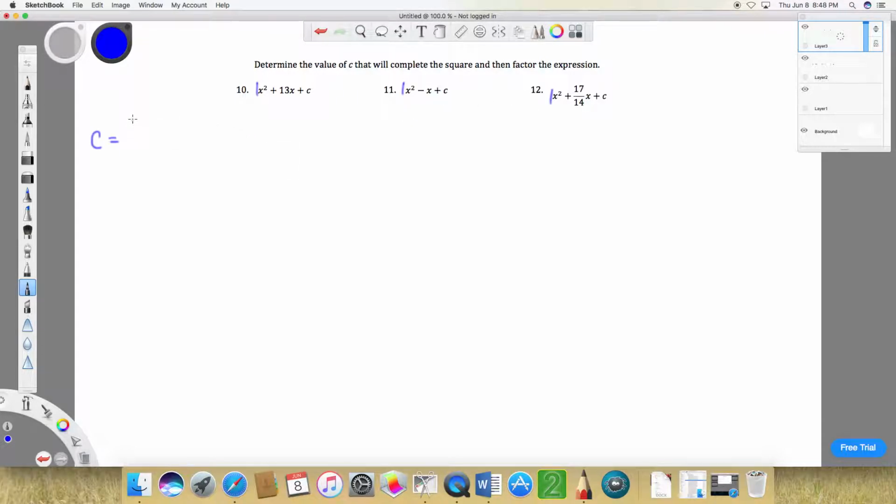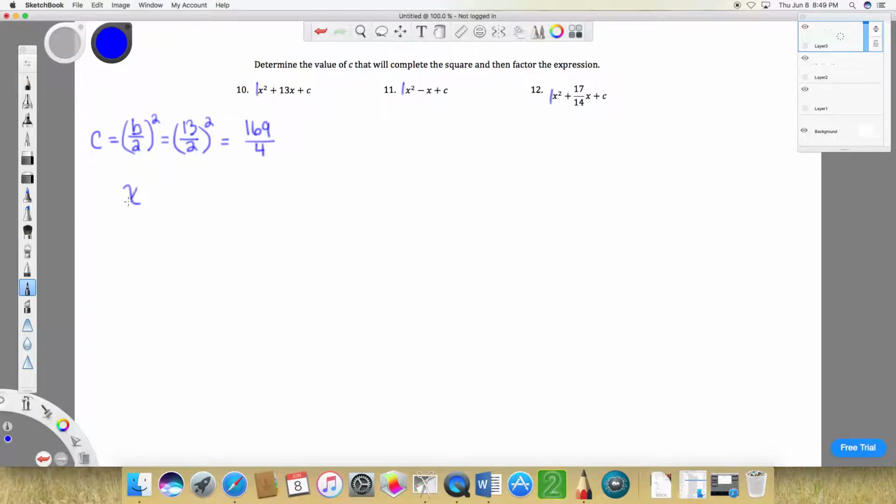Now, I want to take half of whatever b is and square it, and that's what c is going to be. Well, for this problem, b is 13. 13 is an odd number. I'm just going to leave this as an improper fraction, and 13 squared is 169, and 2 squared is 4. So there's my value for c.